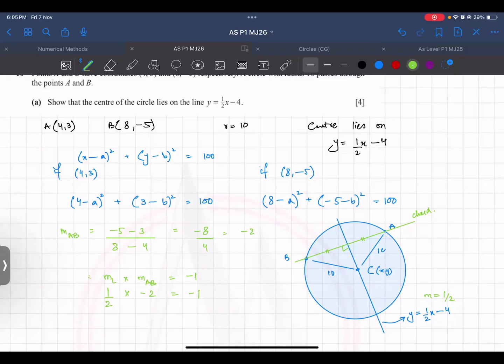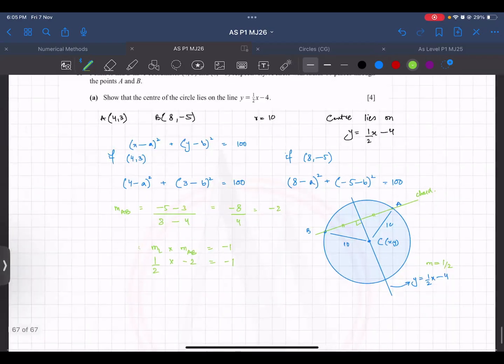So this means the line they have given you is passing through the midpoint of AB. This is the chord property. Therefore, you have shown that the gradient of AB and the gradient of the given line are perpendicular.